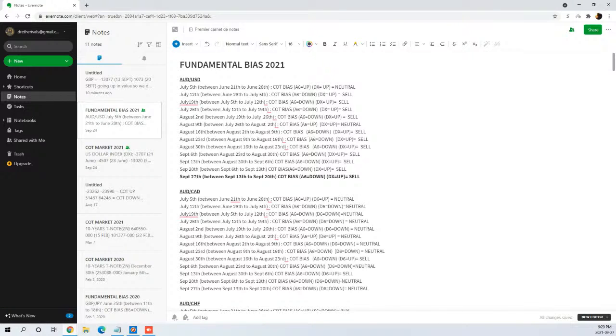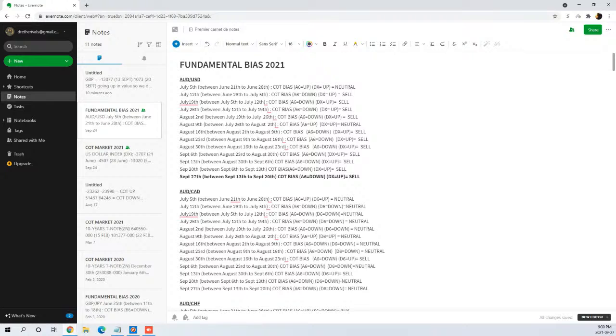That means that regardless of the bias that you have for the week, and let's say you're using one of our software, specifically Enigma, Enigma will give you setups on those pairs.